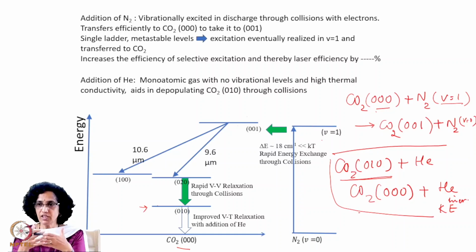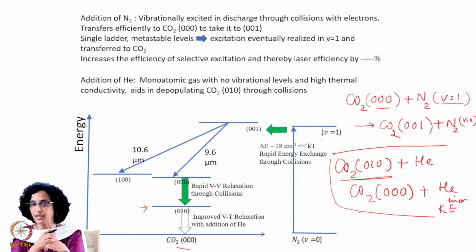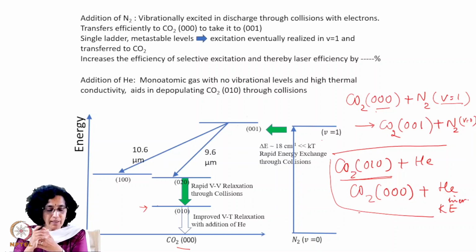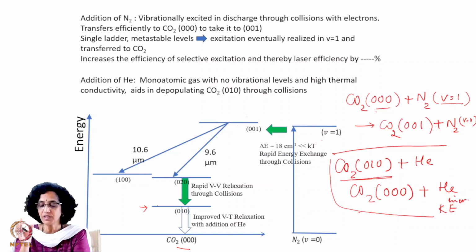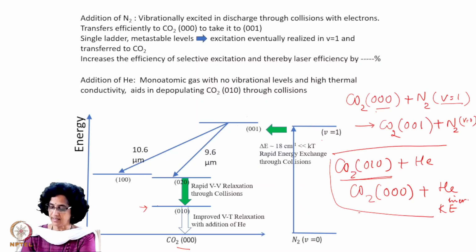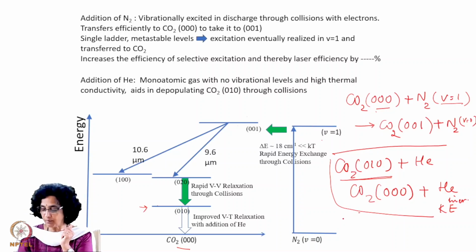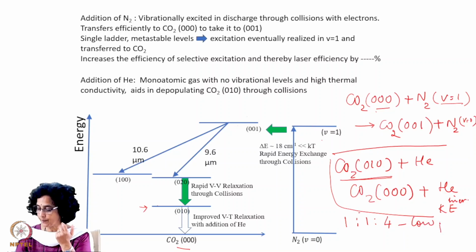The laser, which initially gave a few milliwatts of power, with addition of helium and nitrogen can have an operating efficiency as large as 20% or even more, and therefore the general CO2 laser gas mixture for CW operation is roughly 1:1:4 for low pressure operation, whereas for high pressure operation, it could be almost 1:1:10.